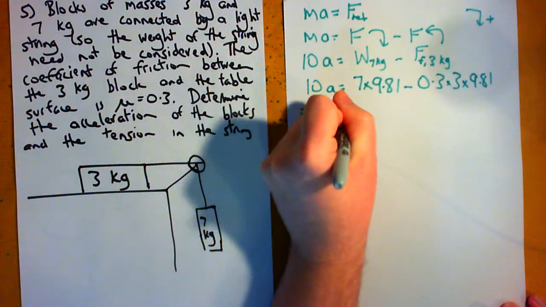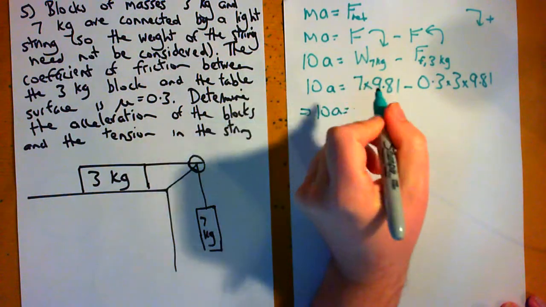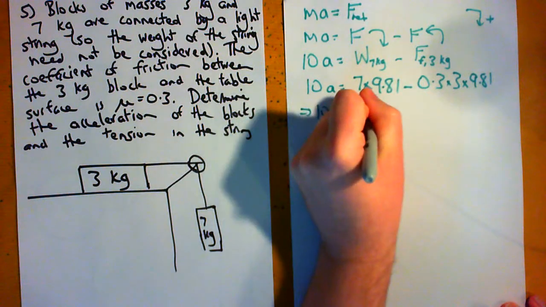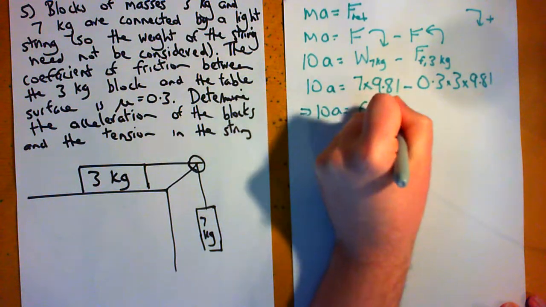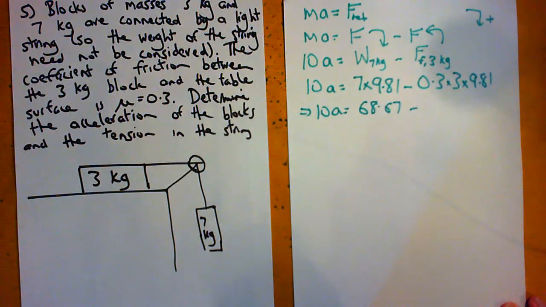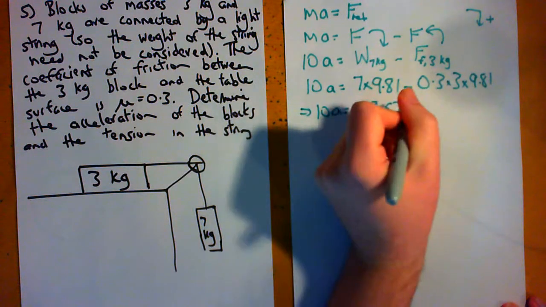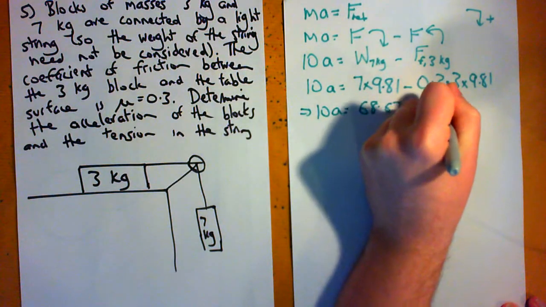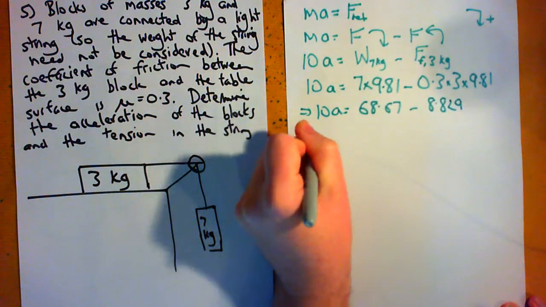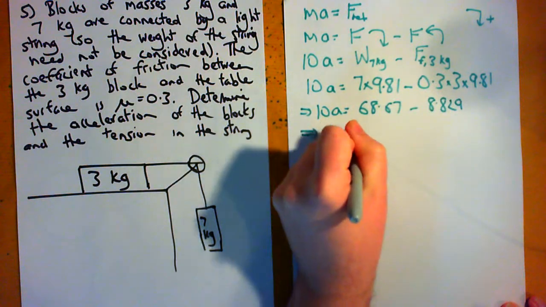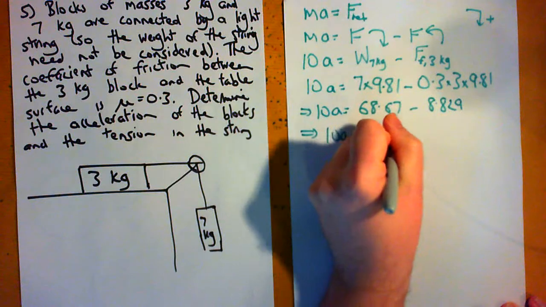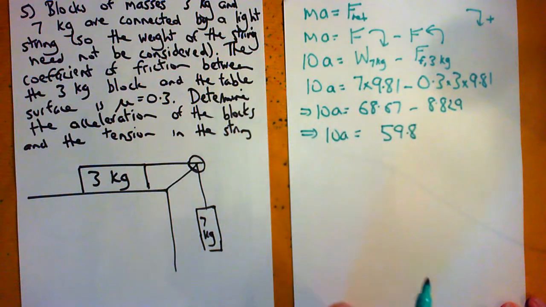So 10 times the acceleration is 7 times 9.81, which is 68.67, minus 0.3 times 3 times 9.81, which is 8.829. So if we calculate that, we get 59.8 as the net force, which is going to be pulling off the table.